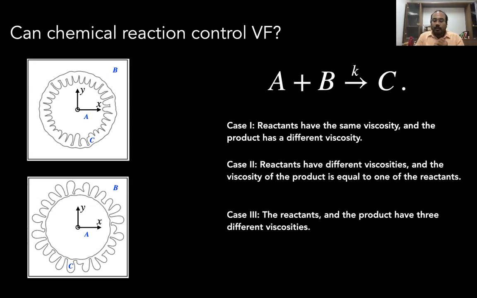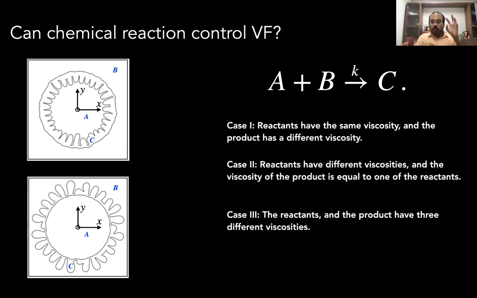So what can be the possible cases? There could be three possible cases. The first one says the reactants have the same viscosity, and the product has a different viscosity. So the reactants A and B have the same viscosity. That means if there is no chemical reaction, A and B will never form any instability, because at the very beginning we said that pressure-driven flow with different viscosity, namely a less viscous fluid displacing a more viscous one, will only form instability, and that's not possible when the reactants have the same viscosity.